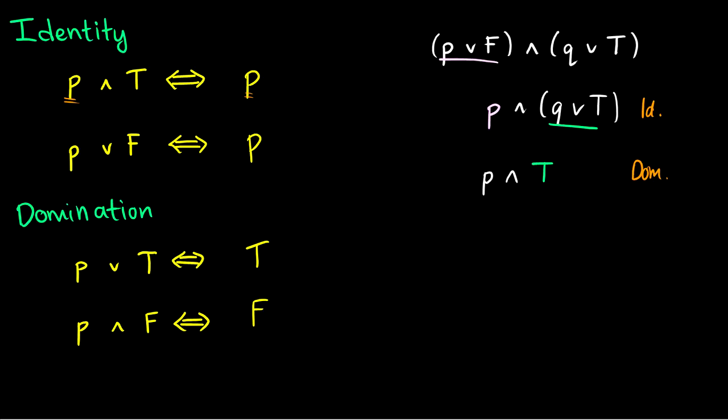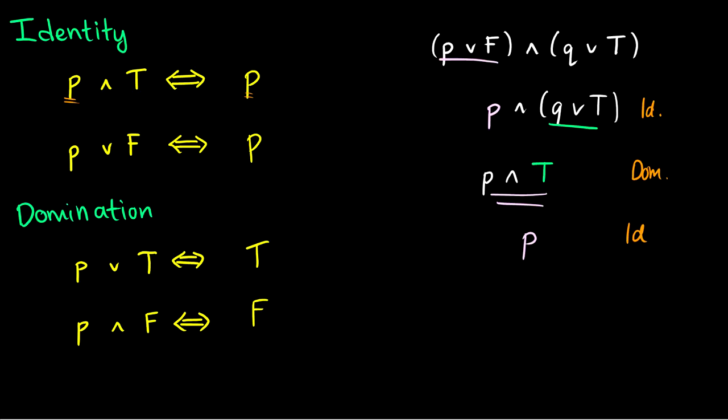Well, we have an identity law that says that this is just equal to P. So if we have a formula (P or F) and (Q or T), we can just replace it with P because they're logically equivalent. Similarly, if we have P, we could replace it with any of the ones above because they're all logically equivalent to each other.